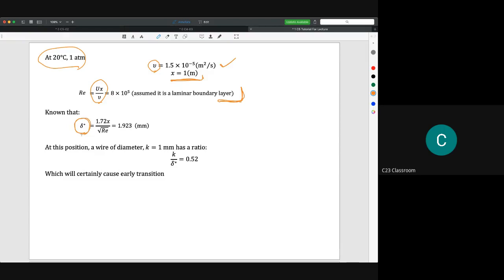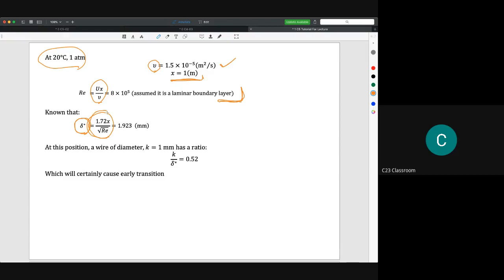The delta star is equal to 1.72x over the square root of the Reynolds number, and this equation actually comes from the Blasius solution, because in this situation we don't know the velocity profile. So we assume that if it is a laminar boundary layer, it is okay for us to use all the equations derived by Blasius, because Blasius is the representative solution for the laminar boundary layer.